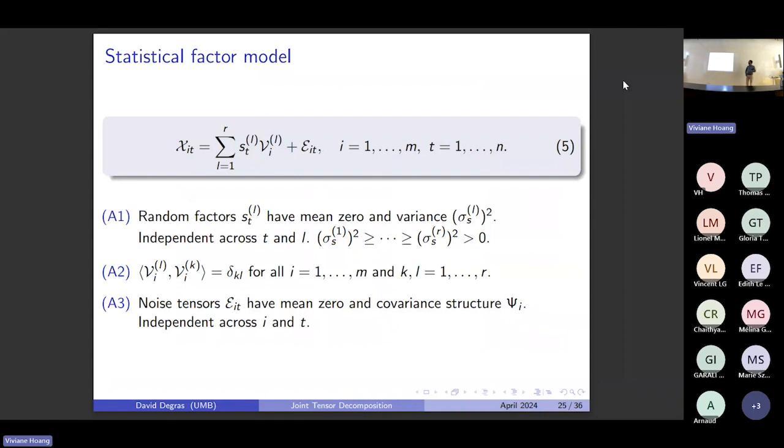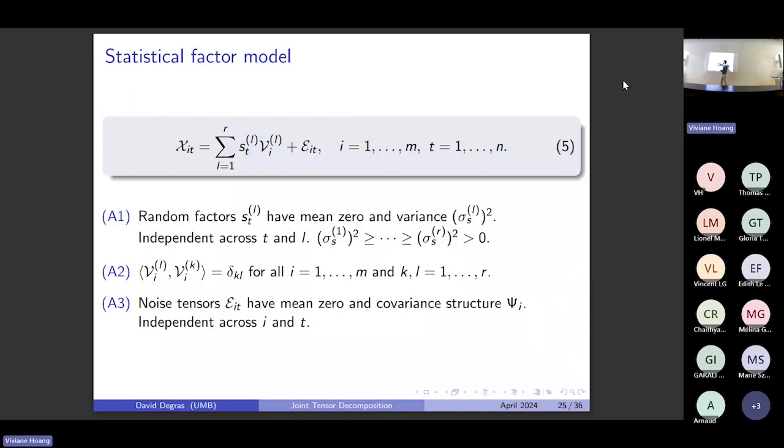Okay, and so one important contribution of this work is returning to statistics. Try to understand if there's an underlying statistical model to justify or to understand what we're estimating when we're doing tensor MCCA. And it turns out that there's a factor model, which is this model, in which you're trying to recover those factor loadings here, and also the factor scores.